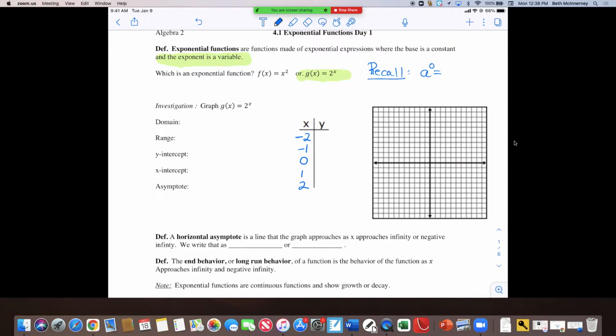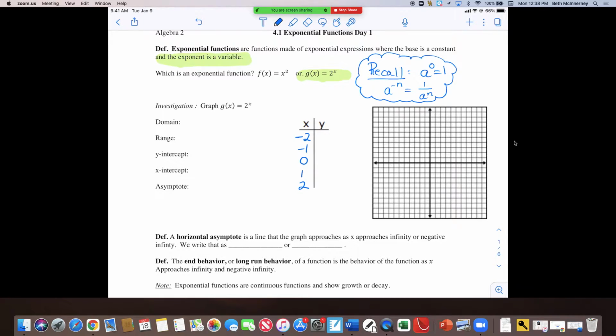Is it 0? No. What is it? It's 1, right? It's 1. The other one we need to remember from Algebra 1 is the negative exponent property that says this. A to the negative n is 1 over a to the n power. These are two pieces of information you're supposed to remember from Algebra 1.